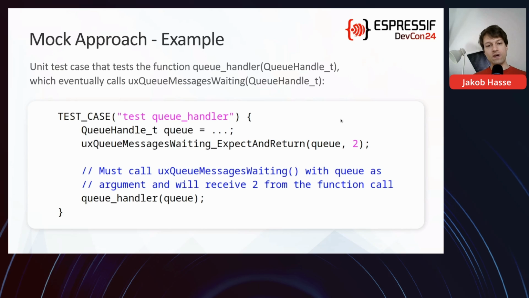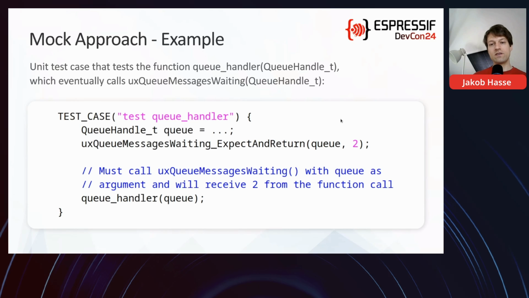Later, you call the function itself, the qHandler function. So this is now where you call the original code. While qHandler is running, it will eventually call the uxQueueMessagesWaiting function. But behind that, there will be the mock, and it will check if the queue handle is passed correctly. And if so, it will return 2. Then the qHandler function is supposed to react accordingly to the return value returned by the mock.